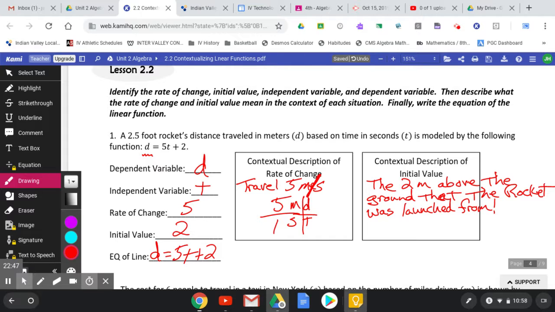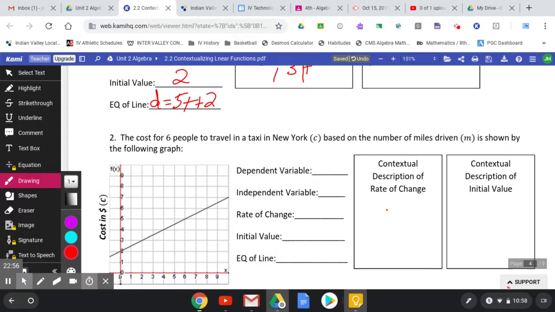Probably a platform, right? Questions on that first one? The more descriptive you can be in that contextualize, the better.